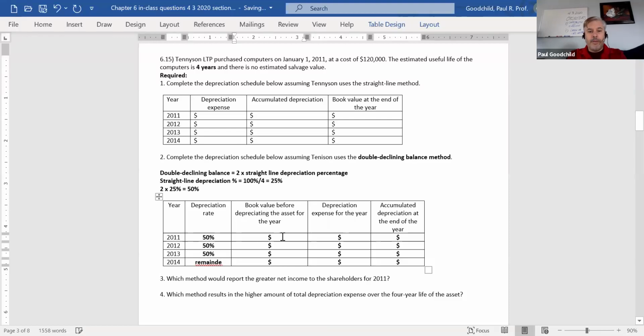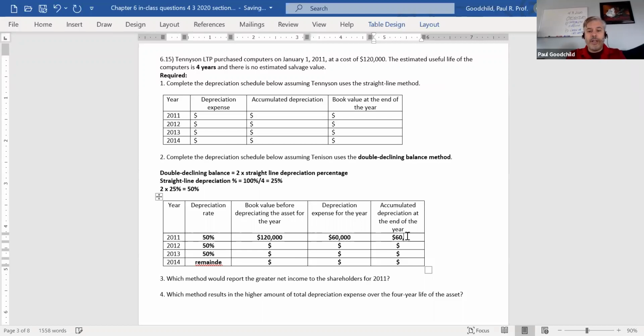And then the book value, 120,000. Depreciation expense for the year is 50% of 120,000, so 60,000.